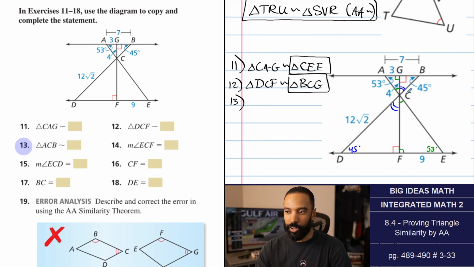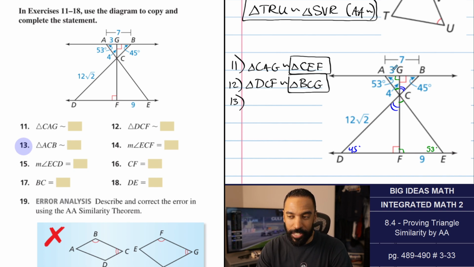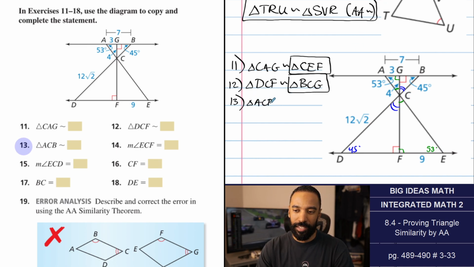And these two are vertical angles, which are congruent. So I think there's enough angle stuff involved here to say that triangle ACB is similar to triangle ECD. So triangle ACB is similar to triangle ECD.